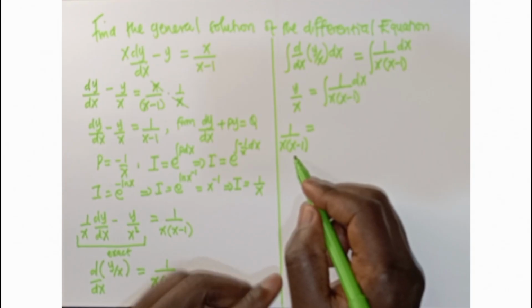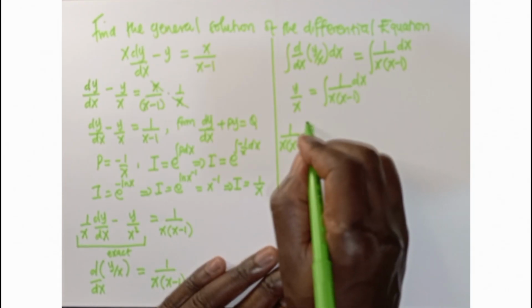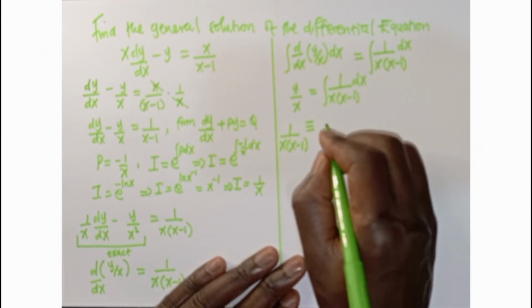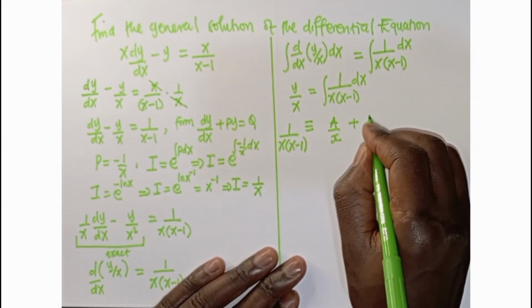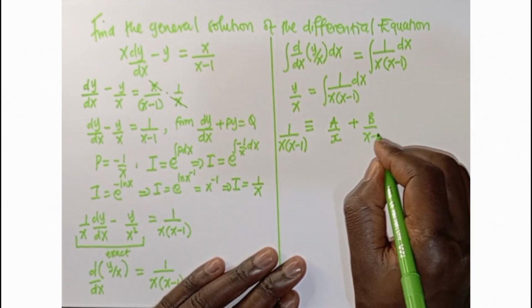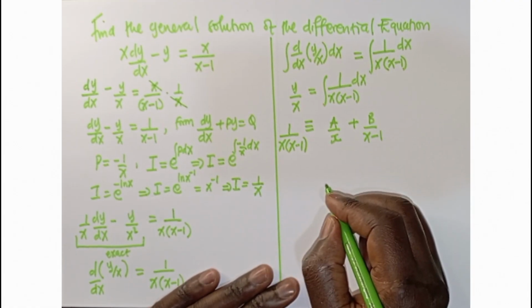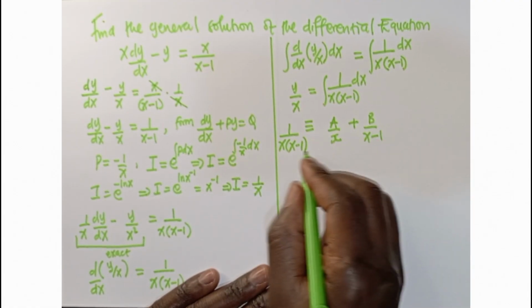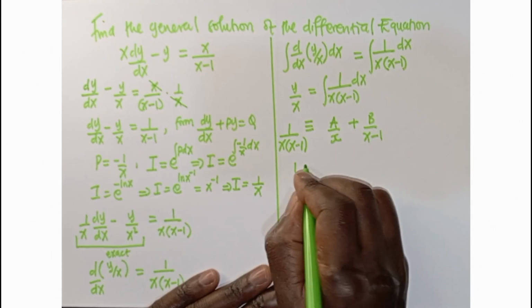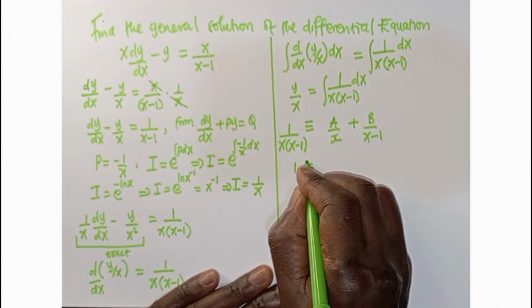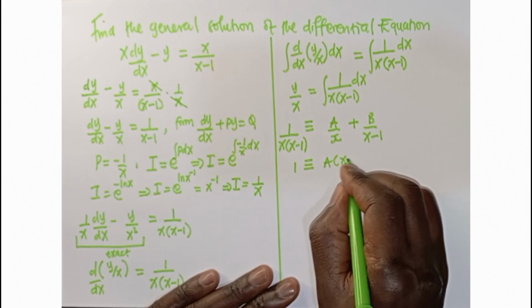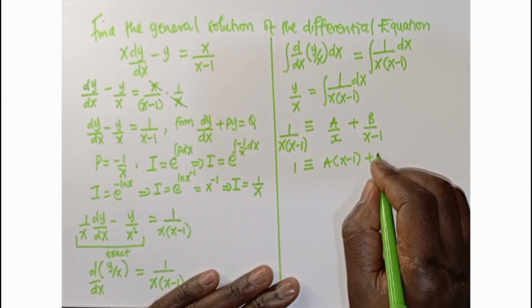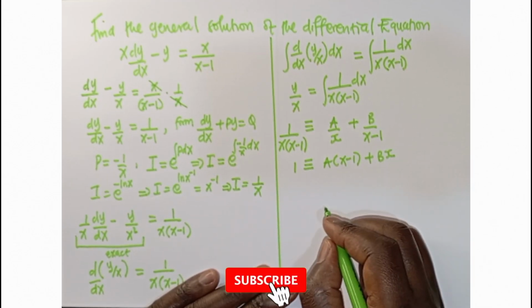So we can go ahead and decompose it as a out of x plus b out of x minus 1. We can get the LCM and simplify. So 1 is identically equal to a into x minus 1 plus b of x.